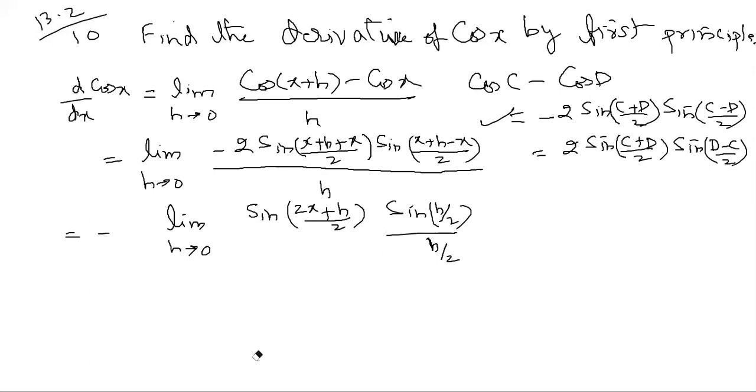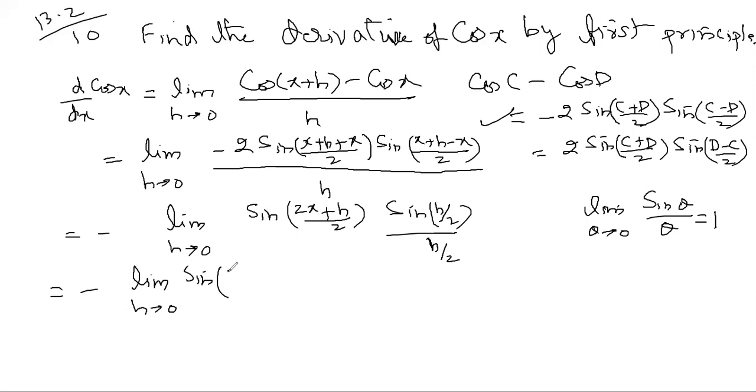Why? Because you know this is the formula: limit theta tending to 0 of sine theta upon theta is equal to 1. That's why. So this will become minus, and the limit will be split now into the two trigonometrical ratios: sine of 2x plus h by 2, and sine h by 2 divided by h by 2.